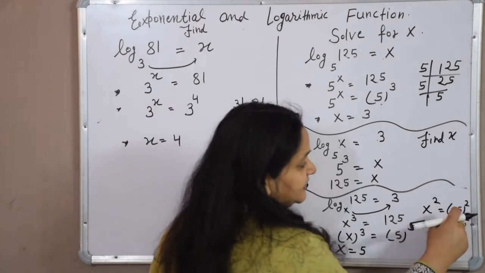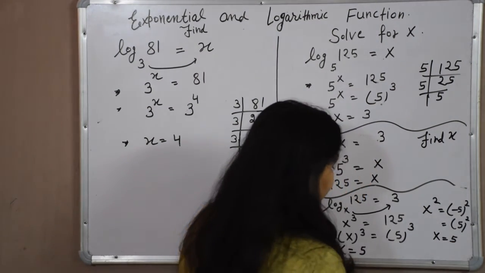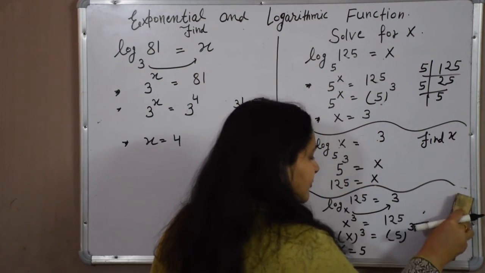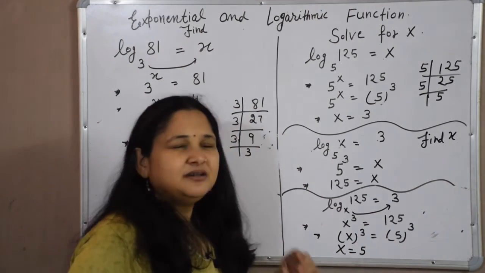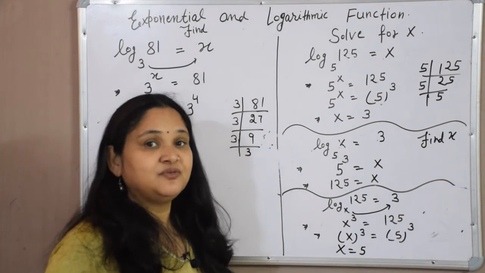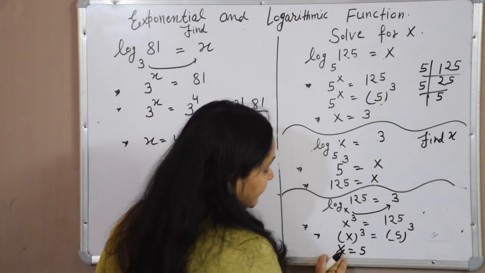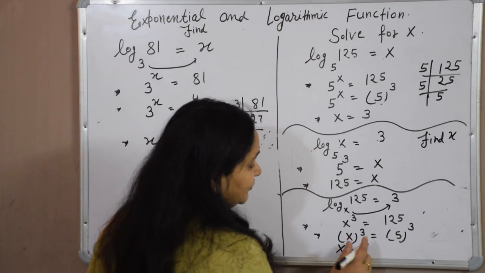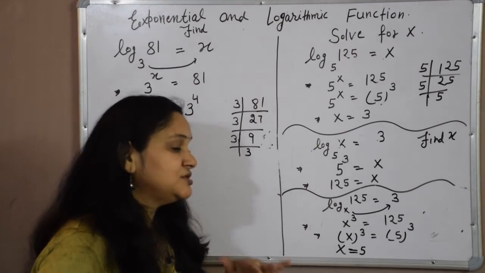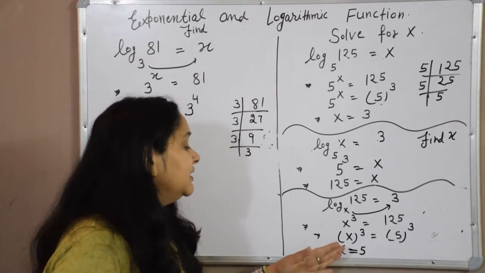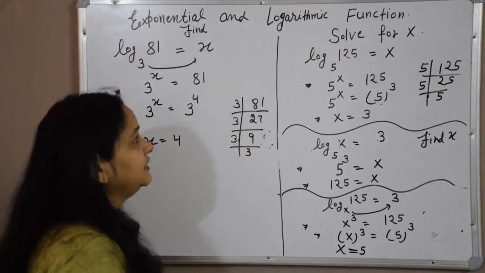So this possibility is already ruled out and we can have only x is equal to 5. In the cubic form there is no problem, but with squares sometimes we are a little confused that x is equal to minus 5 might be a possibility, but we have to omit that possibility and we have to consider only x is equal to 5. And in some cases complex numbers may come, that possibility also we have to rule out. We are talking about only real numbers. So x is equal to 5 is the only possibility.